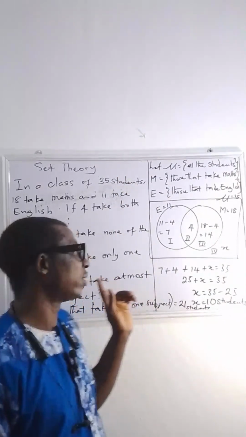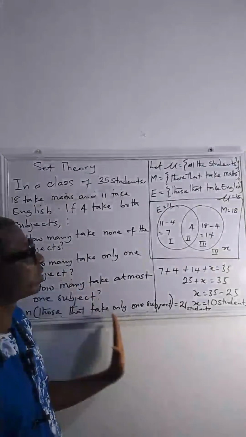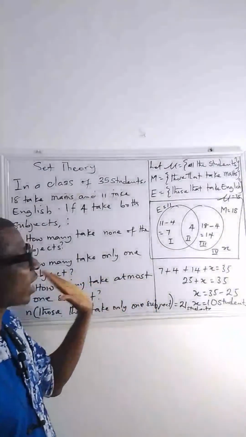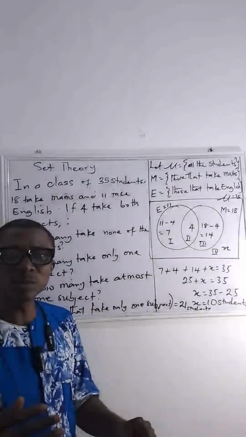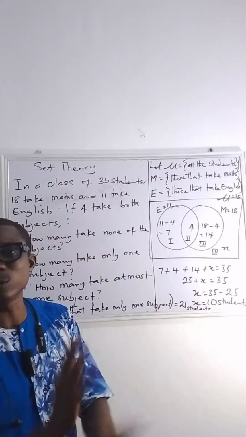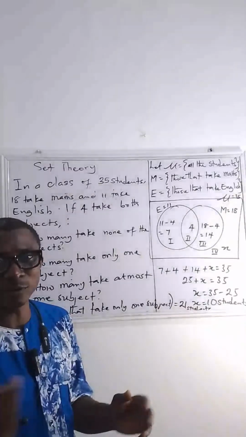So in this case now, we have at most one subject. That is those that take one subject and those that do not take any subject at all. So very few of us got the answer.